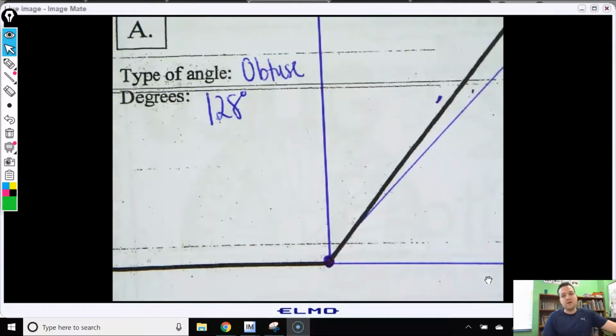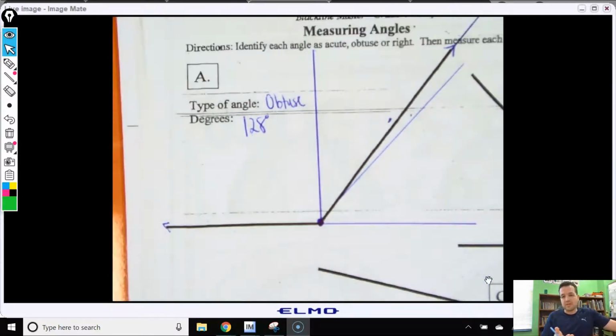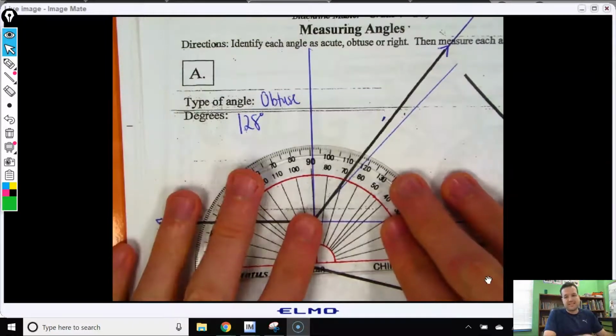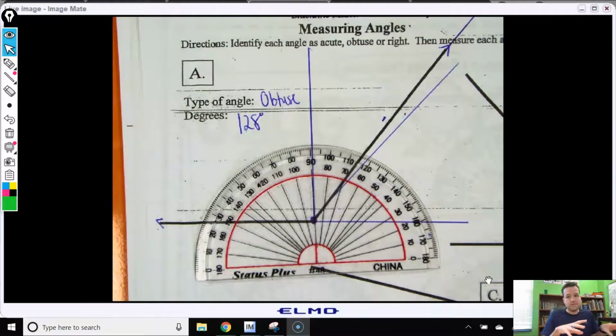Now, when you go and you measure yours, although we're talking about the same angle, because we're human beings, we can be a little bit off in terms of how we place the protractor. So I typically give students some what I call leeway. You get 5-degree leeway when you're measuring an angle with a protractor. That's one of the hardest things to do with angles. So what I mean by that is you get 5 degrees above what I said or 5 degrees below what I said.